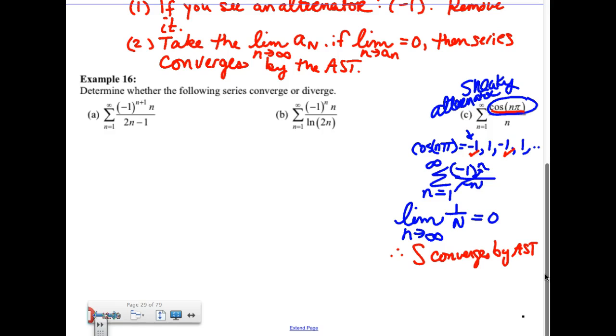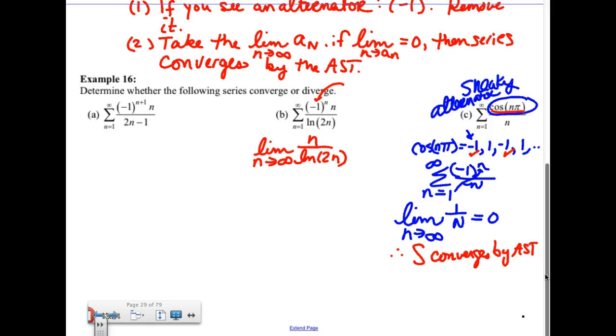Now let's go take a look at this one. I see an obvious alternator. When I put in a 1, a 2, a 3, a 4, that's going to alternate, it'll go negative first, negative, positive, negative, positive. So I remove the alternator. And if in its absence, the limit goes to 0, that series will converge.